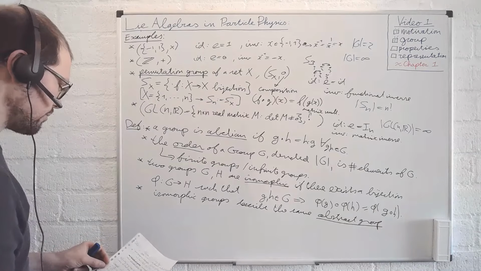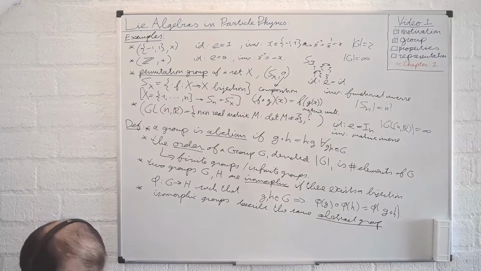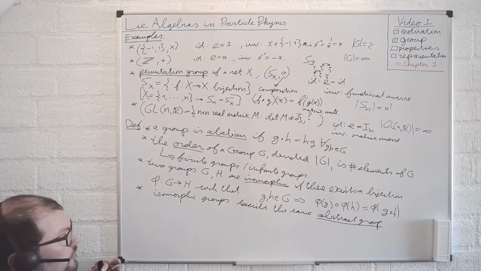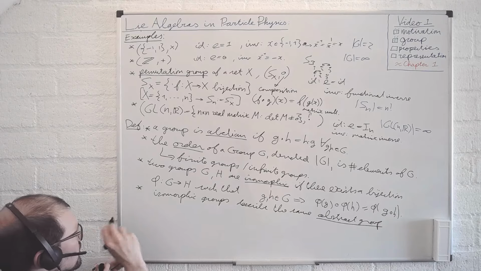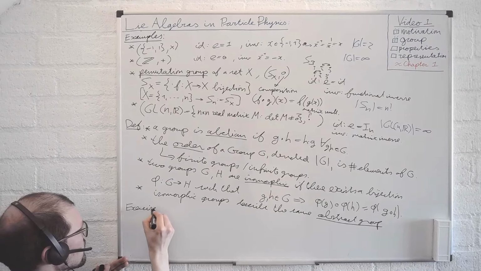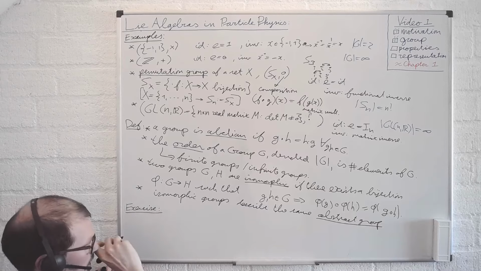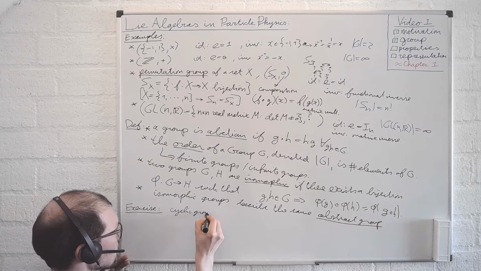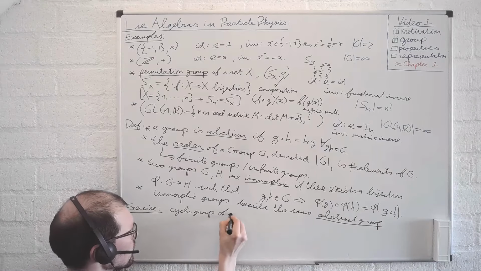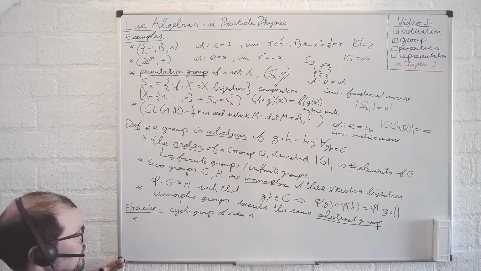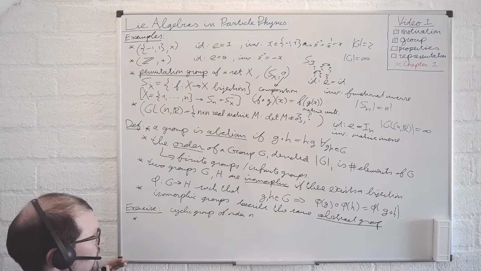So in the exercise session, you're going to look at 3 different descriptions of the same group. Let me just write them down here. You will be looking at the cyclic group of order n, and we'll give 3 explicit definitions of this.